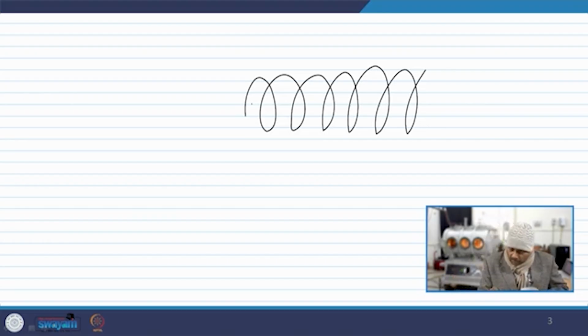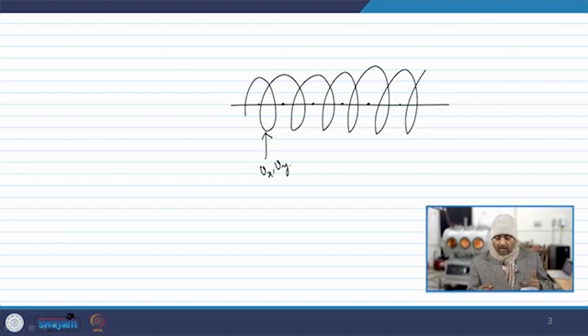Now, these points, the loci of all the points, let us say this is the guiding center here, these are the guiding centers. The point that I am trying to make is that this circular path is because of Vx and Vy, and as the particle has this velocity, this helical path comes out because of the Vz.